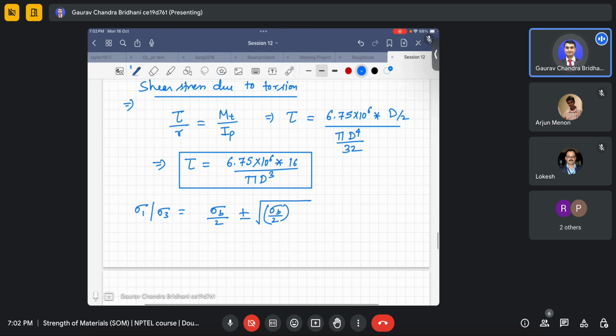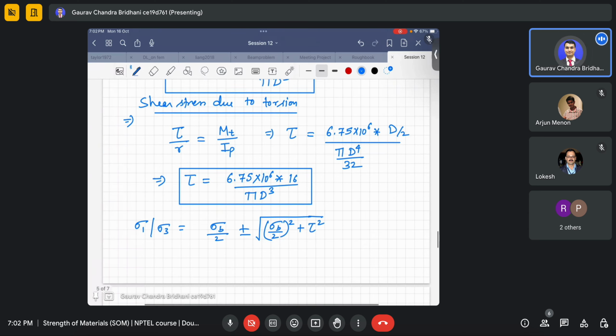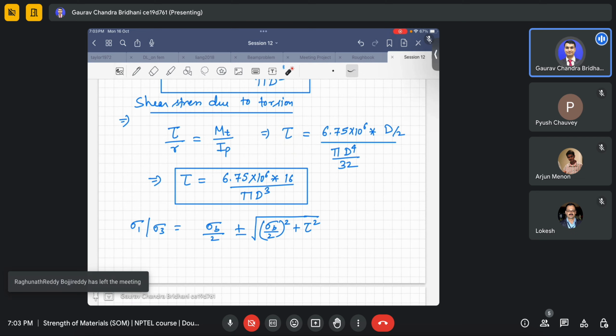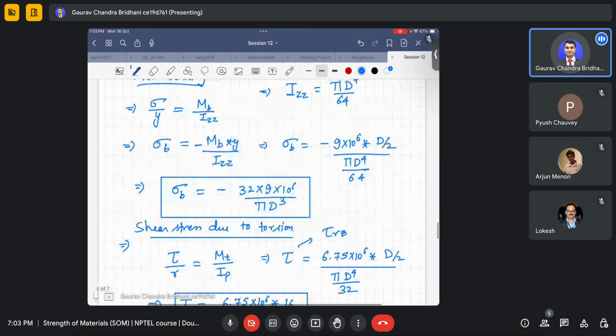This is the same formula which we were discussing yesterday. Yesterday we wrote it wrong: this tau, instead of being tau r theta, should be tau rz. Yesterday we were taking this tau as r theta, and that's why we were getting a different value while solving the eigenvalue problem. So this tau is not r theta, it is actually tau rz. From the figure also you can confirm.